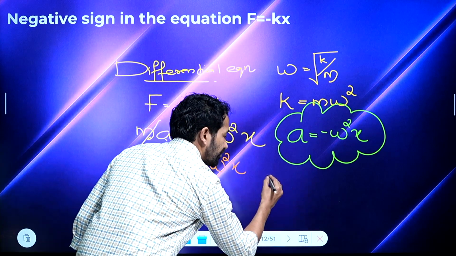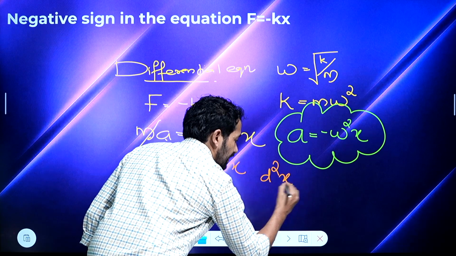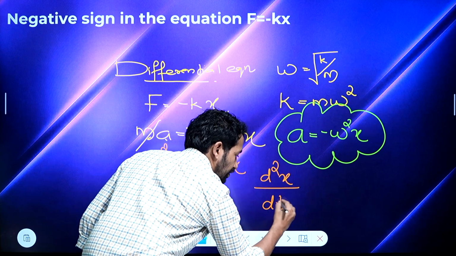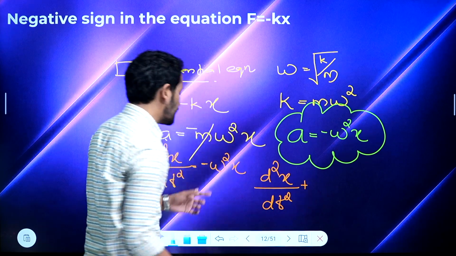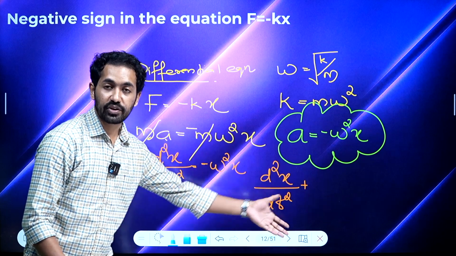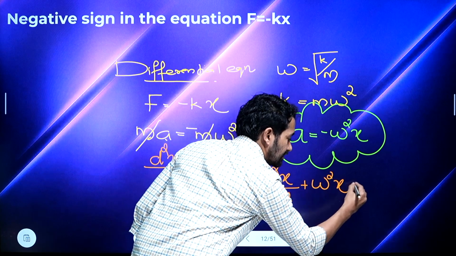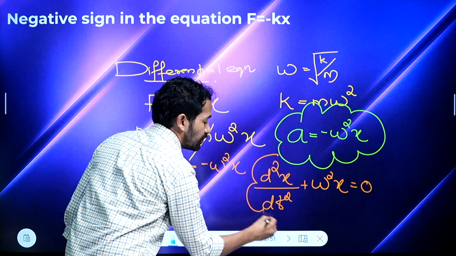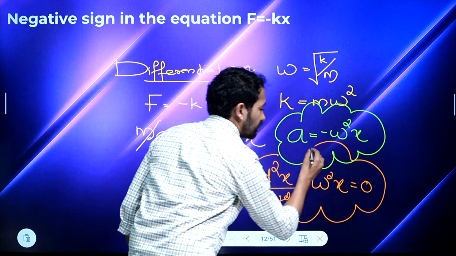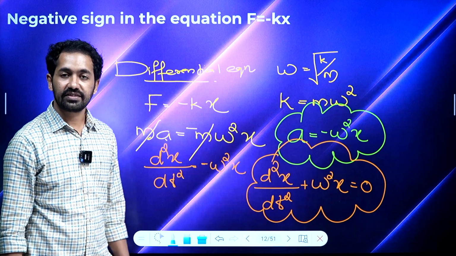Or I'll write the final equation here, which is d square x by dt square plus, see, I'll take this minus omega square x to the opposite side and I get it as plus omega square x is equal to 0. So your answer is d square x by dt square plus omega square x is equal to 0.